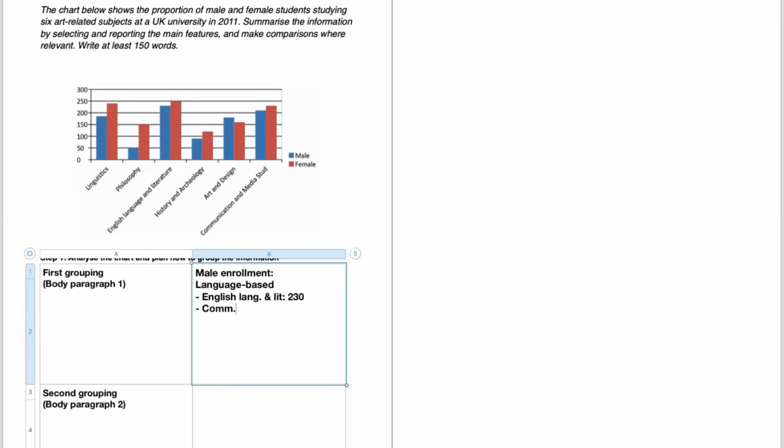Secondly, I've got communication and media. That seems to be, I would say, around 210 because it's right above the 200 mark. So I'll say 210. Then we've got our third language-based, which is linguistics. And I'm going to say linguistics is around a 180. It's right in between the 150 and 200, but closer to 200.